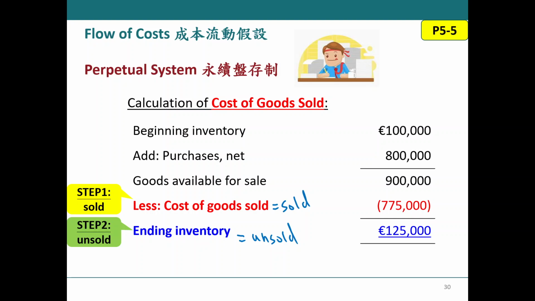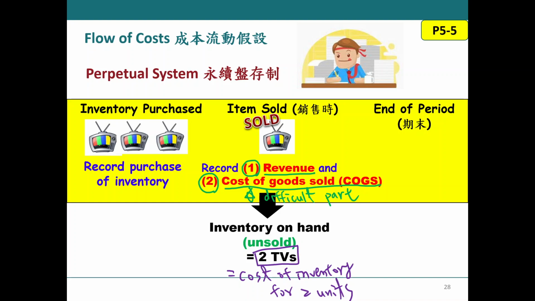Can you tell me when you got this number, cost of goods sold, $775,000? When you got this number? If you are perpetual hard worker, 永续盘存制, when do you get this number? Hard worker, every time when they happen, you compute it, right? So when you got this number, cost of goods sold, every time when you sold the inventory, you try to get the number, cost of goods sold, to know in order to earn the revenues, what's our expenses.